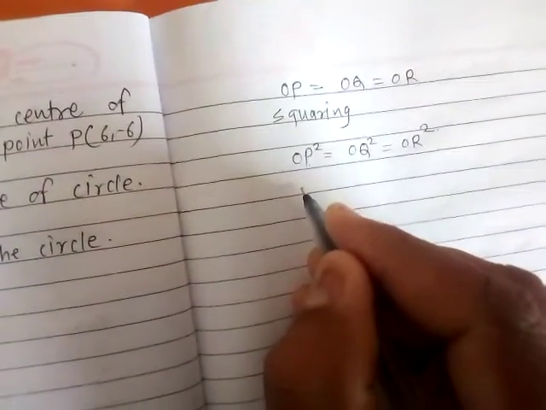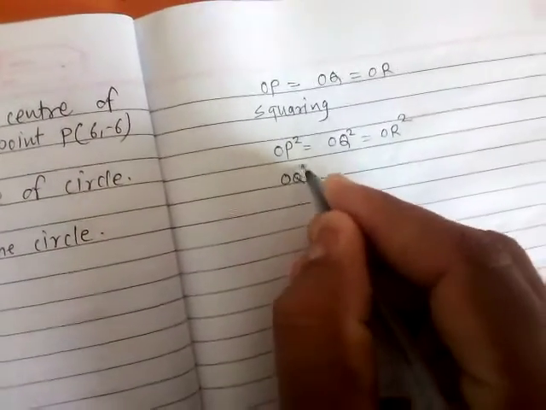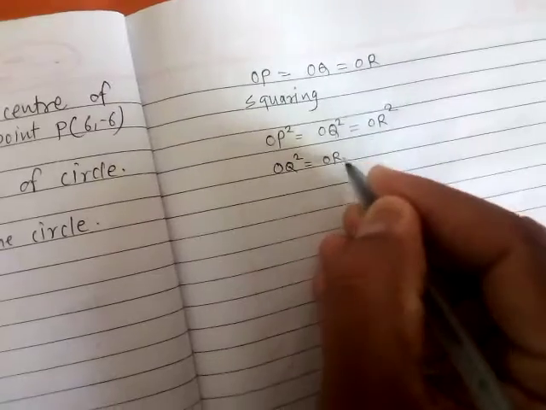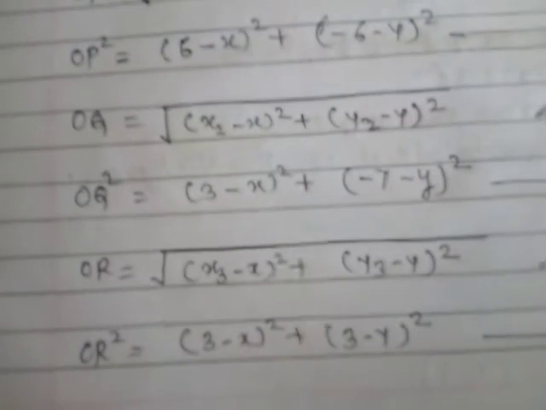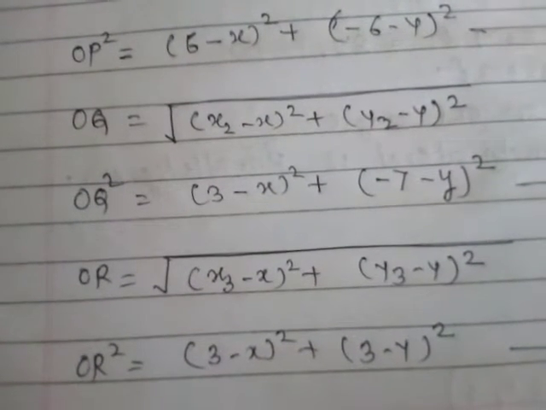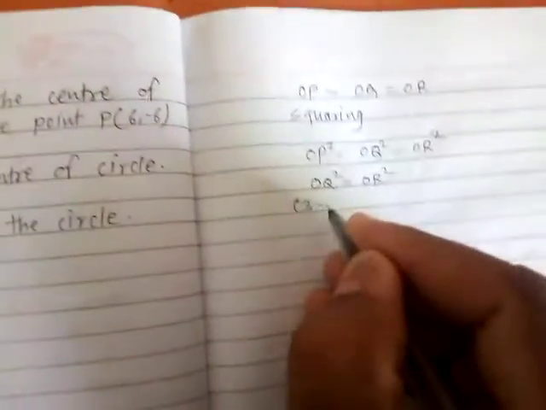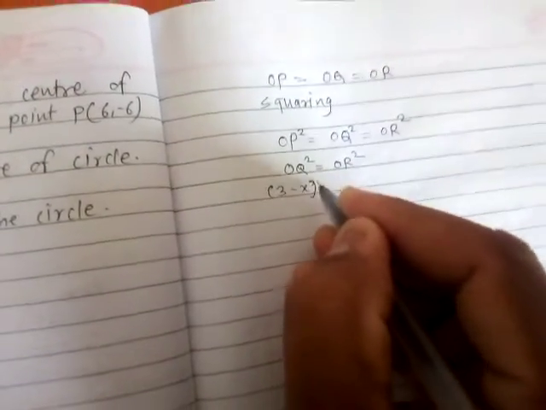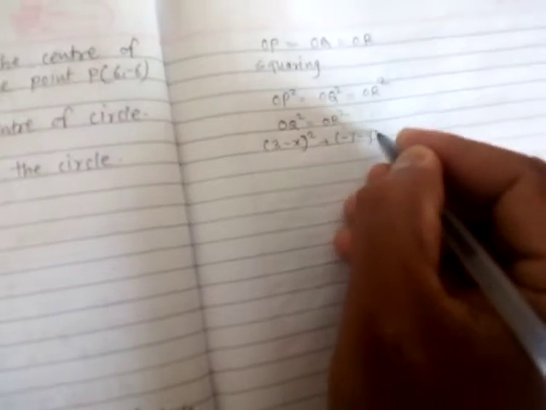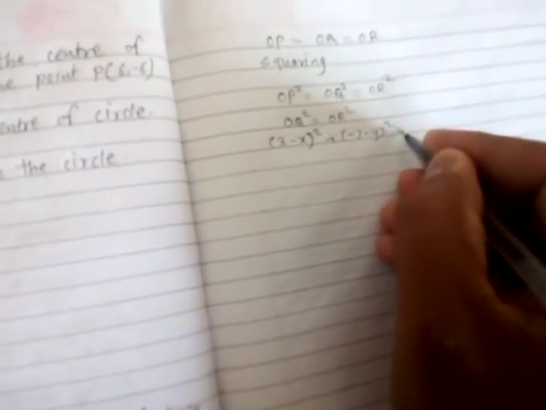Now considering OQ square is equal to OR square. The value of OQ square is (3 minus x) whole square plus (-7 minus y) whole square, which is equal to OR square.